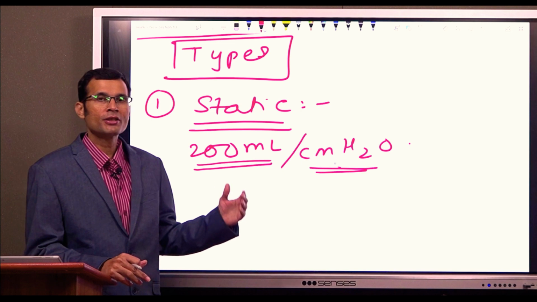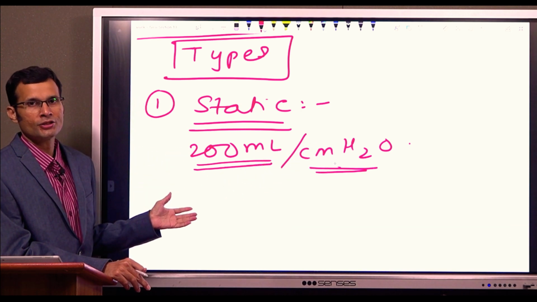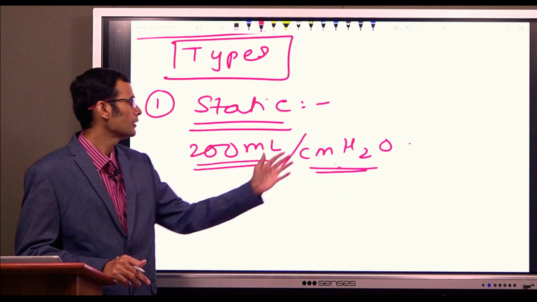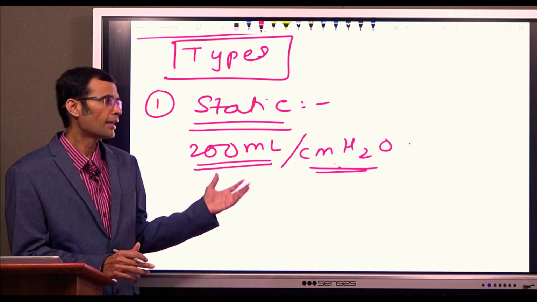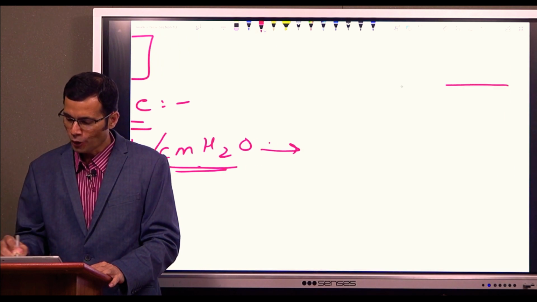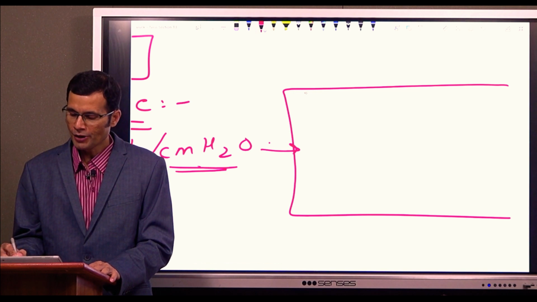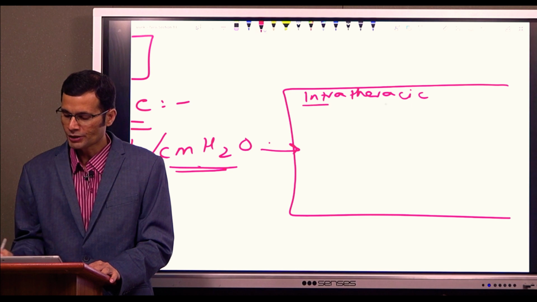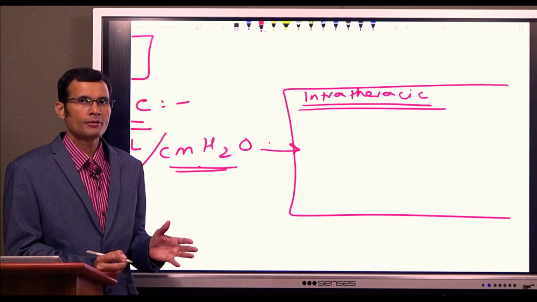So if the pressure is changed by 2 centimeters of water, 400 ml distension during inspiration. 3 centimeters of water pressure changed, 600 ml distension. That is how we can express the static compliance of the lung. In fact, let me also add here, intrathoracic pressures or intrapleural pressures, the pressure around the lung.